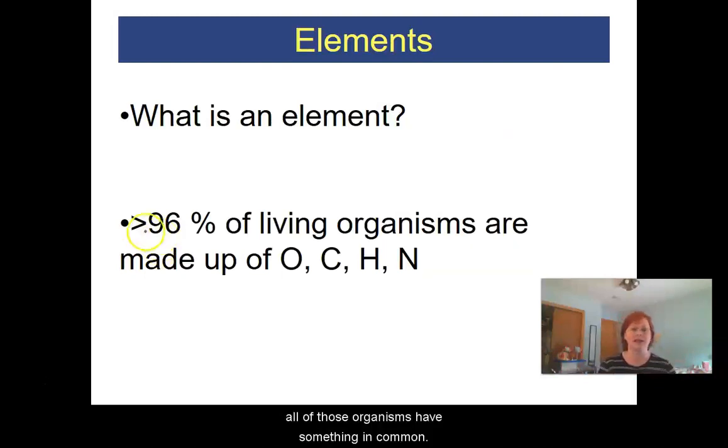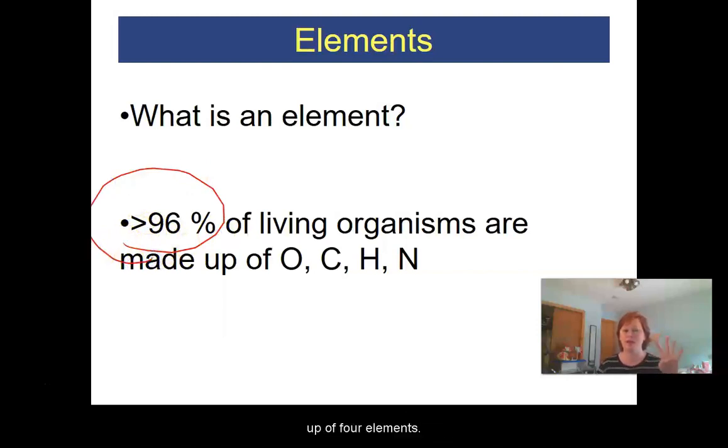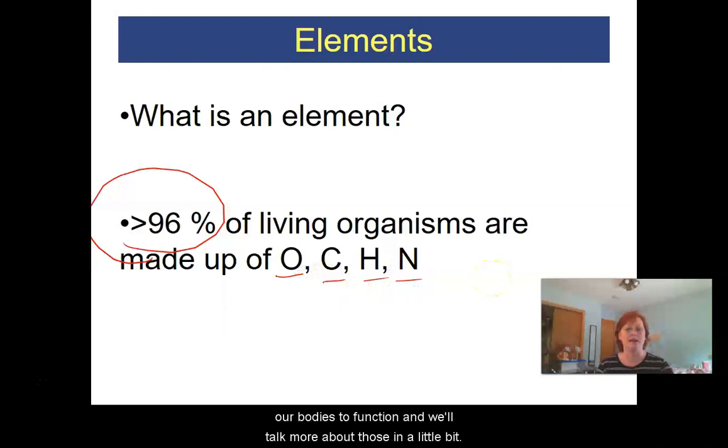About 96% of those living organisms are made up of just 4 elements. That's it, 4 elements. Oxygen, carbon, hydrogen, and nitrogen. Now there are a few others that are particularly important for our bodies to function, and we'll talk more about those in a little bit. But these are the big 4.